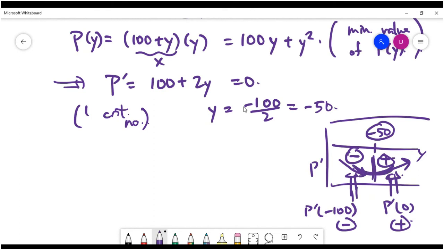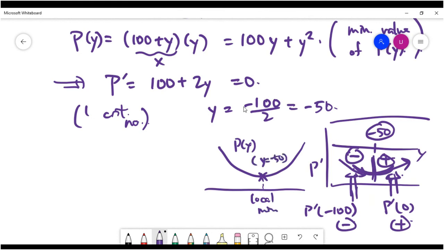And let's think about this problem. Obviously, the function is very smooth and it is continuous, it is differentiable. And for such a curve that has only one local minimum, essentially it means that it is the absolute minimum, right? Because for a curve like this, you have only one single point as the local minimum, which is for y equals -50, and there's no chance you can get below this point.